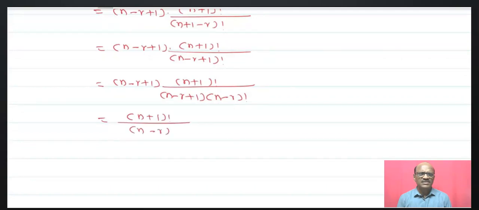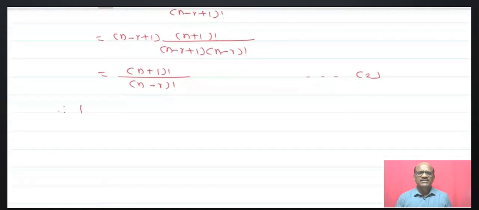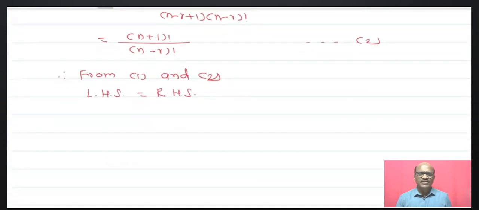Here (n minus r plus 1) gets cancelled, and you will get the similar terms. Therefore, from 1 and 2, LHS is equal to RHS. Hence, the result is proved.